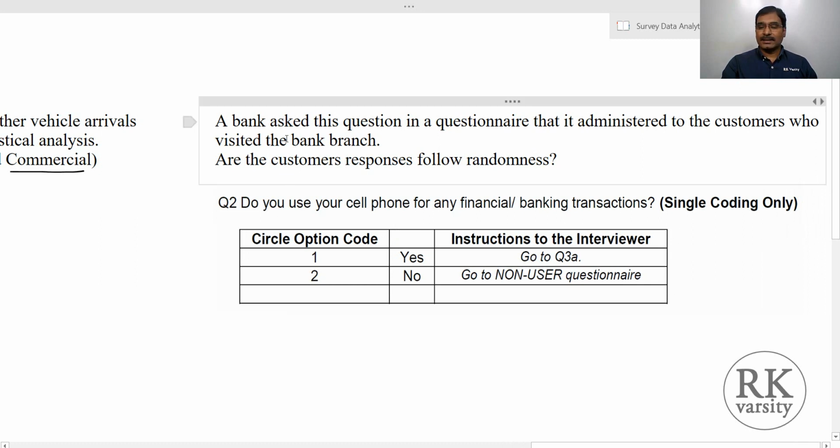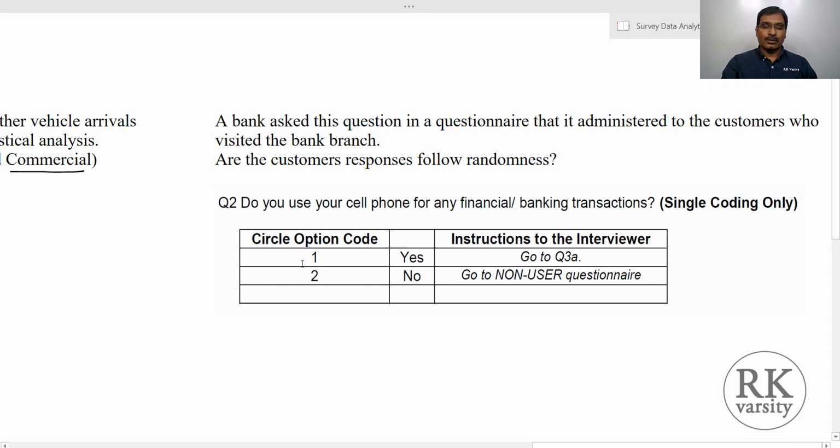Here is another scenario. A bank asked this question in a questionnaire that is administered to customers who visited the branch. Do the customer responses follow randomness? Now the question posed is, do you use your cell phone for financial banking transactions?